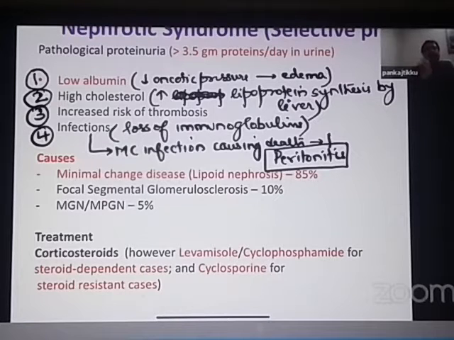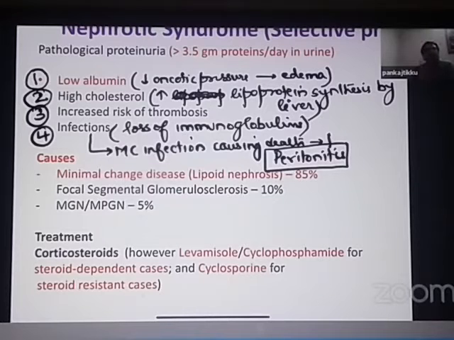Now, in children, almost 85% of cases of nephrotic syndrome, as you can see on your screen, are caused by a disease known as minimal change disease or lipoid nephrosis. Here, the findings on the glomerulus under histology will be minimal.